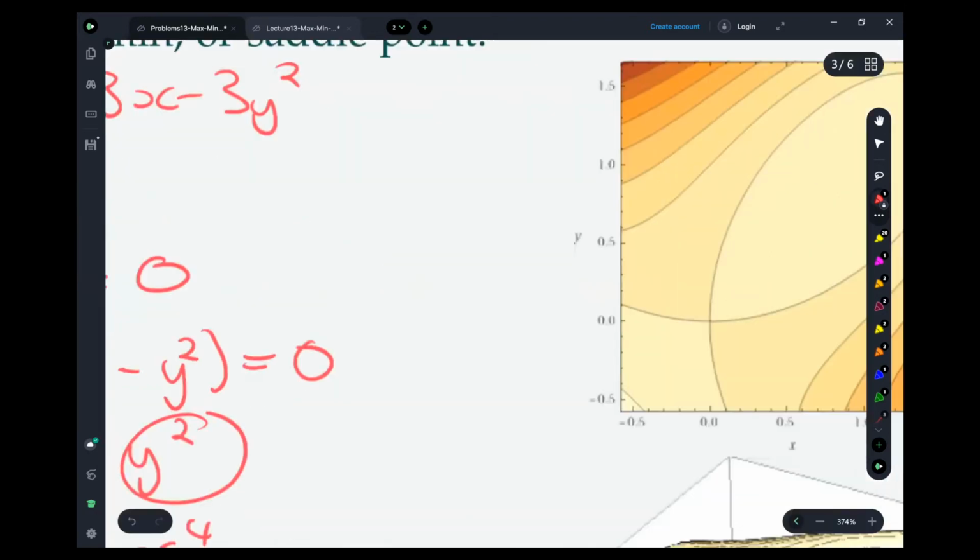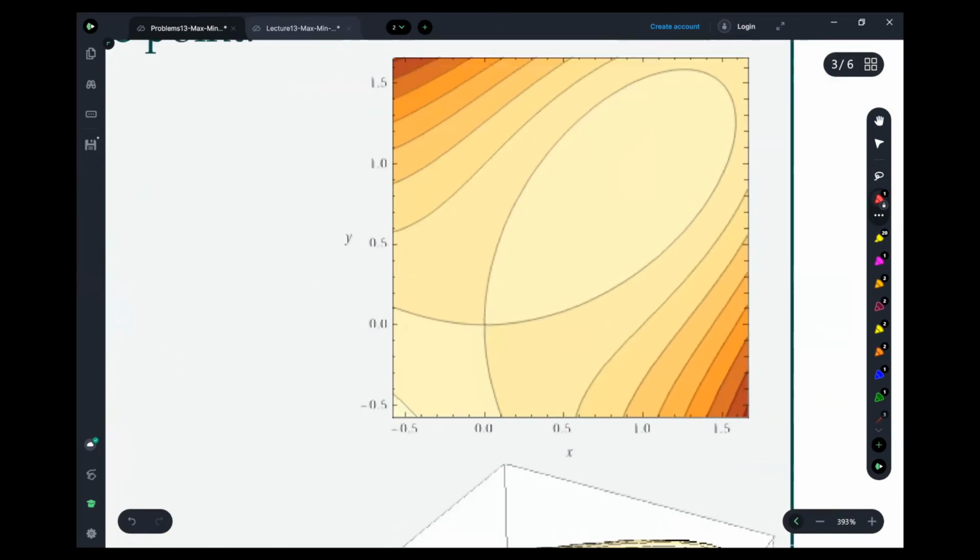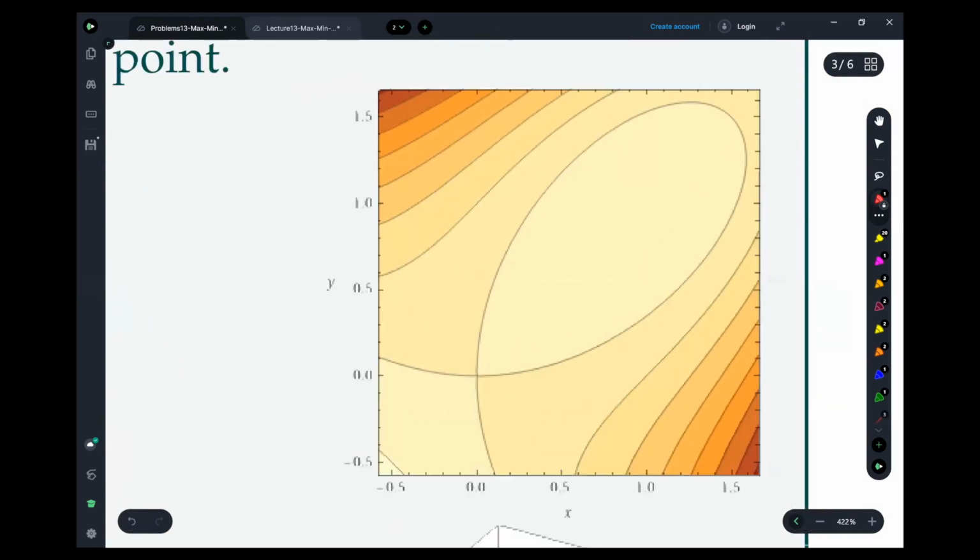So if we zoom in on this figure here, these are just colored-in level curves, essentially. This is a contour plot. If we estimate where we are for (0, 0), that should be here, and (1, 1) is somewhere here. And those points kind of make sense, right?